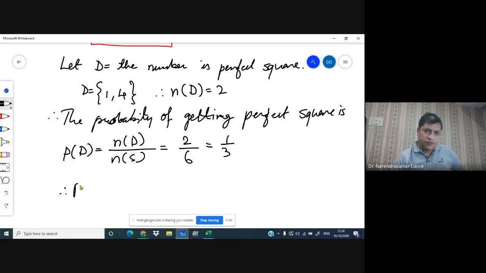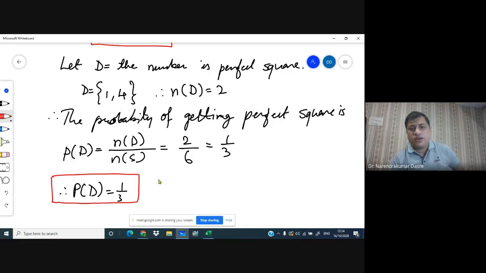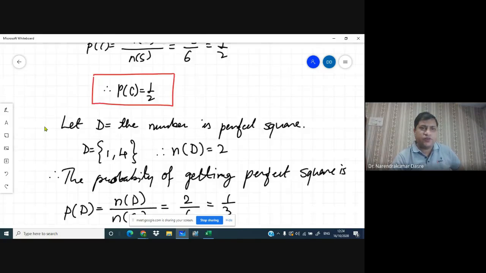And hence we got the probability of the event D is 1 by 3. So we got the probability of the event. Now, what is the next event we have?